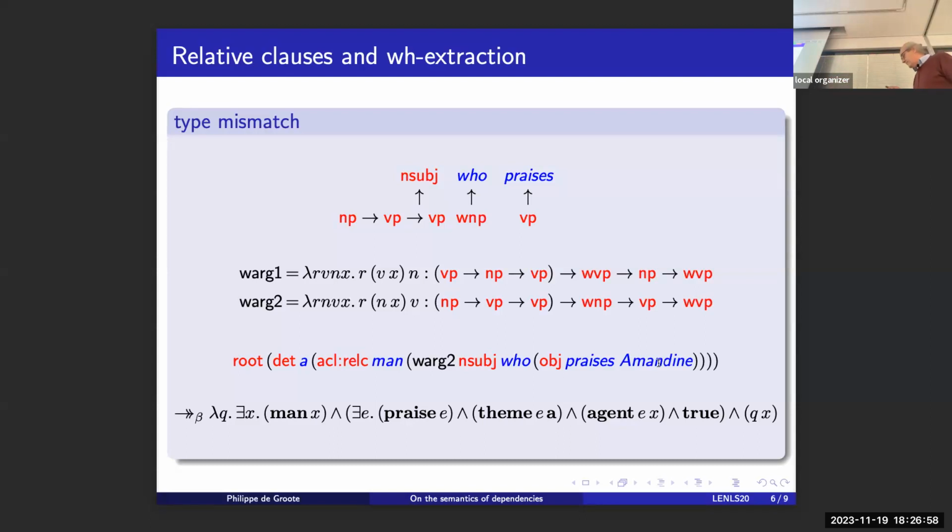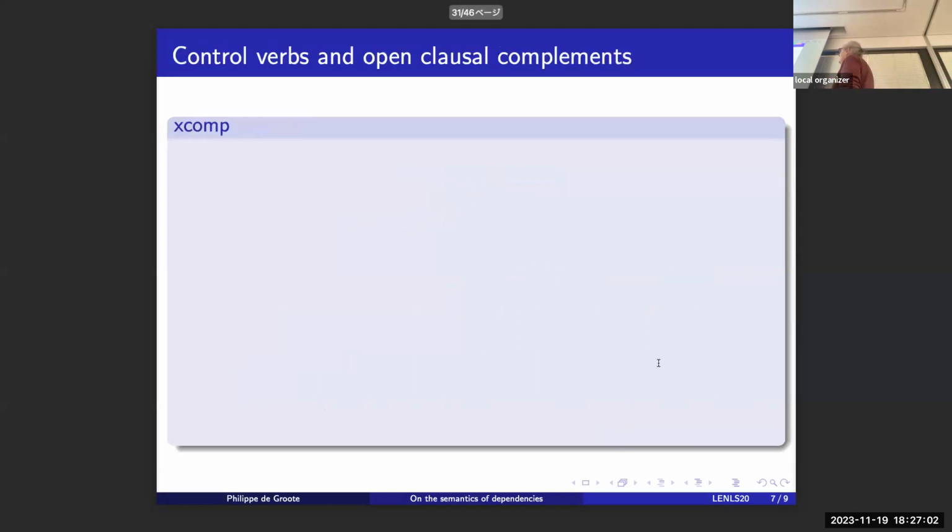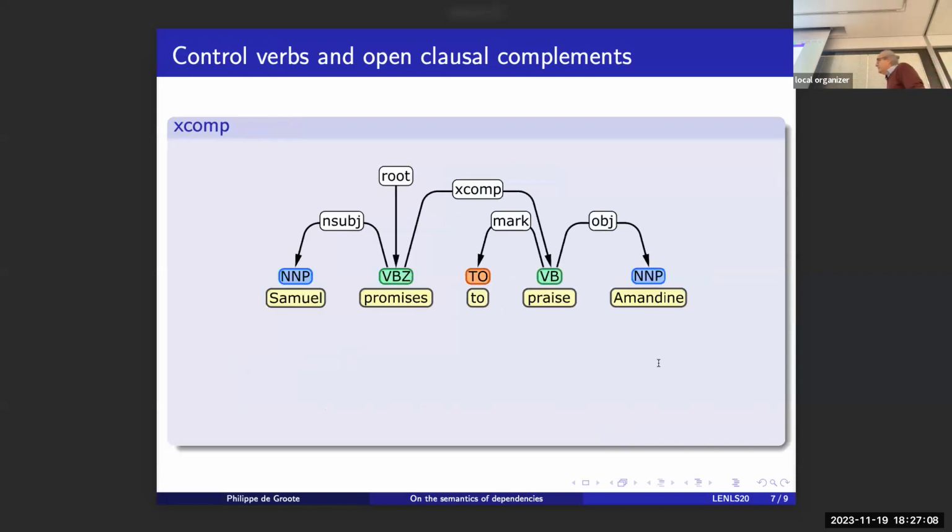Okay, now very quickly, because I have not that much time left, for the open clausal complements. Those are complements that are missing their subject, and the subject is actually provided by the control verb.